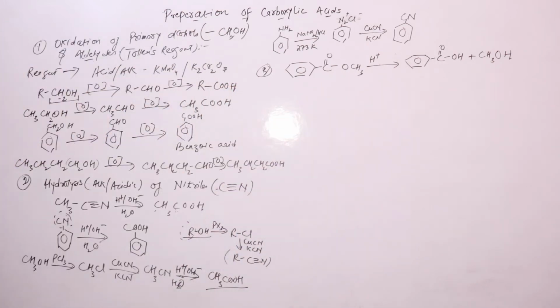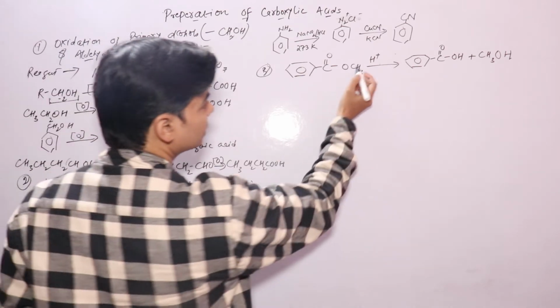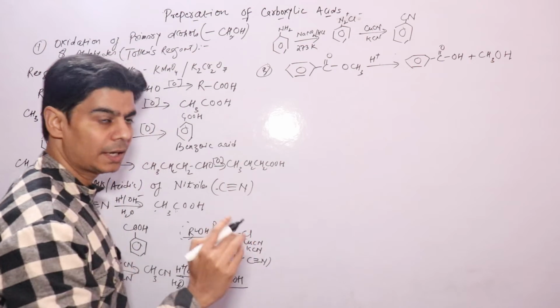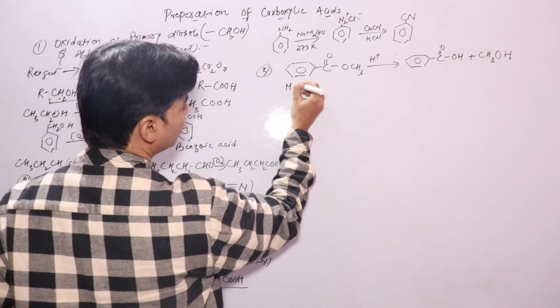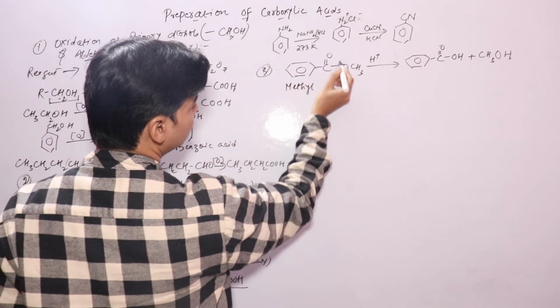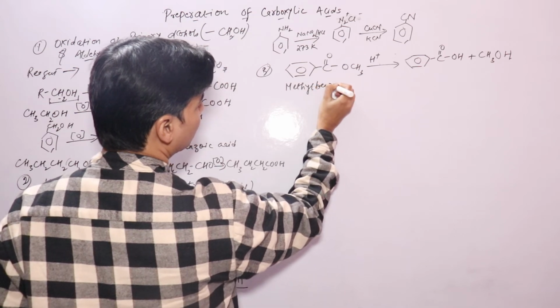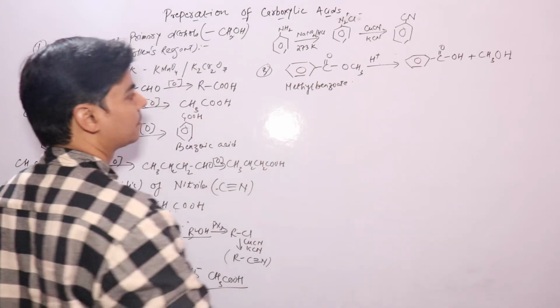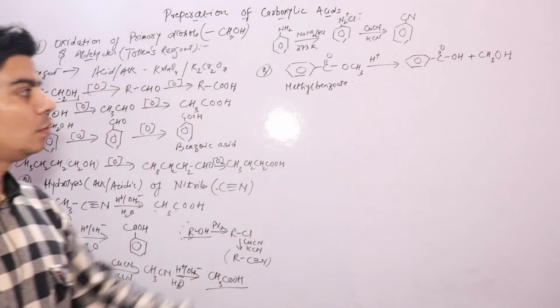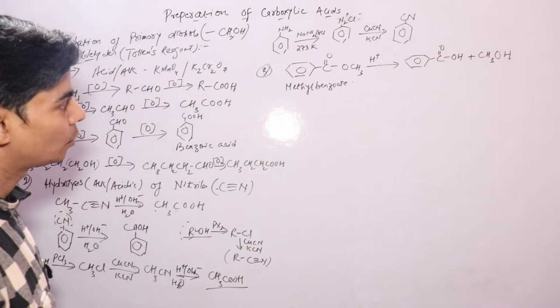And the name of this ester is methyl benzoate. The smaller alkyl group would be your prefix, methyl, then this is your benzoate. Methyl benzoate will undergo acid hydrolysis to give you carboxylic acid.